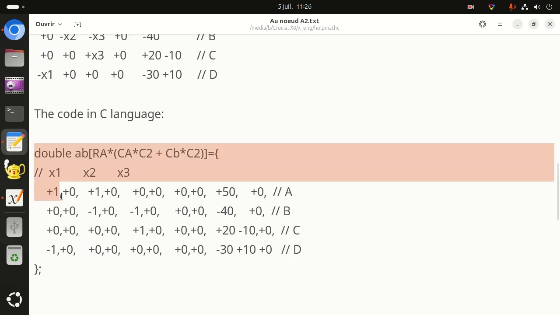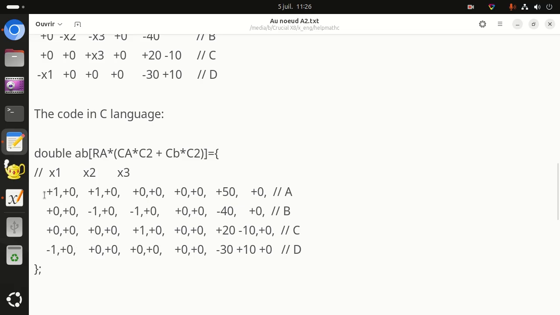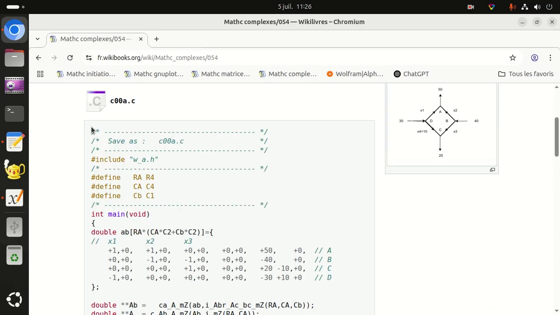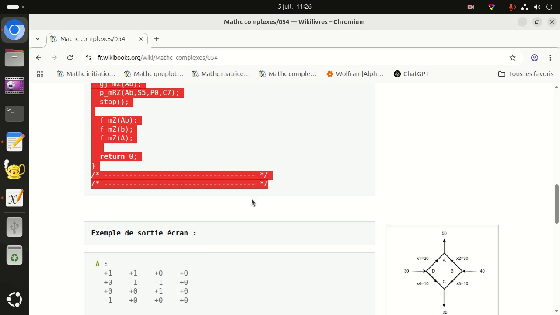This is the code in C language. We work with complex values, so you have here the imaginary part. Now I want to copy the C language code for this work.